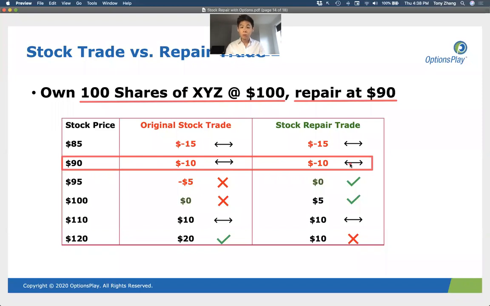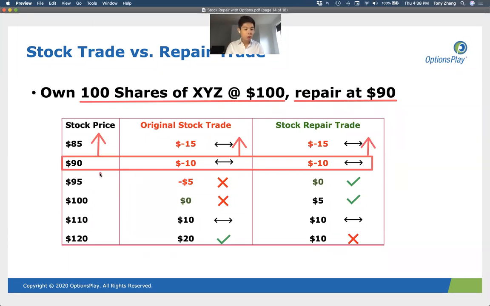Now, the first thing I want to reiterate is that if the stock does move lower, so I put on the repair trade, and instead of rallying higher, the stock actually declines in value, the repair strategy does not prevent you from losing any more money. In the two examples, whether or not I put on the repair strategy, if the stock continues to decline, I still continue to lose money the same way as if I didn't put on the repair strategy.